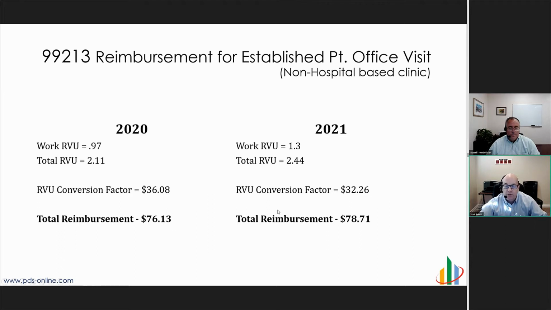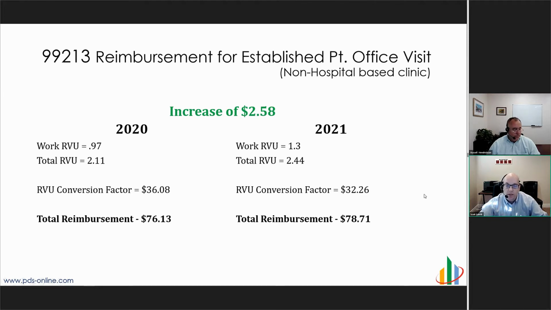So in 2021, the change came so that the work RVU is 1.3 and the total RVU jumps up to a 2.44. Now, even with the lower conversion factor of 32.26, the increase in RVUs made it enough so that there's an increase of about $2.50 each time you do this code.